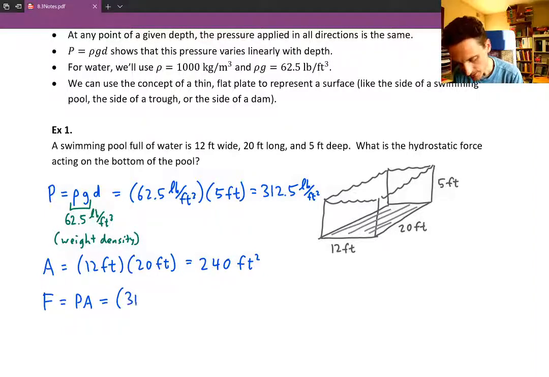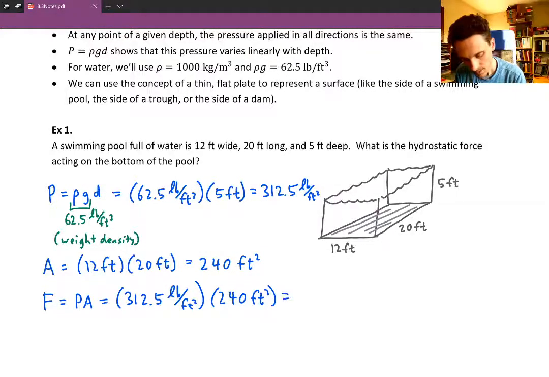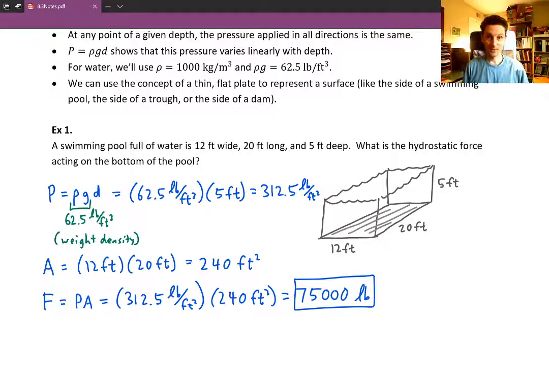So we just multiply the number from the pressure and the number from the area, and you end up getting 75,000 pounds. That's a lot of money. Just kidding. Pounds of force.